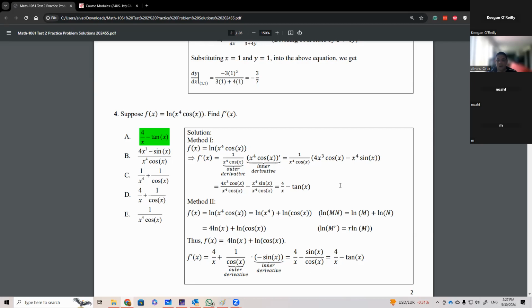Okay. Now, when you're dealing with multiple selection questions, though, that might force you to simplify a little bit as well, because you reach this point and you might not see anything of this magnitude in the options.